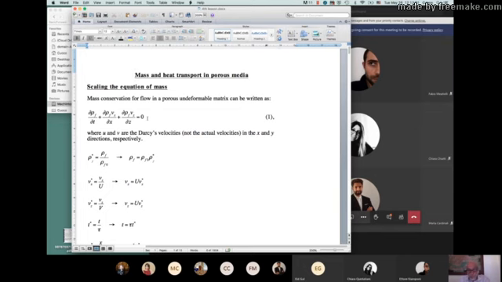So on both x and y, the gravity acceleration doesn't appear. Gravity acceleration appears only in the z component. And just to make it simpler and easier to follow, I'm going to do the scaling of the equations only in 2 dimensions.